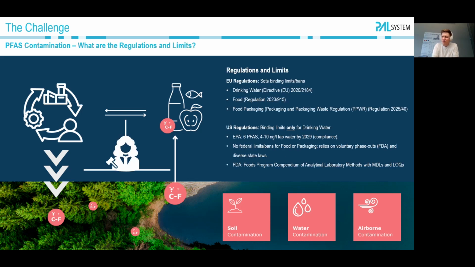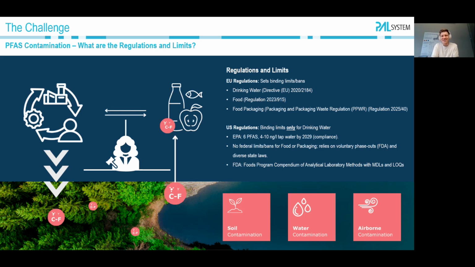How are we handling this growing problem in terms of regulations? Well, if we look at the EU, they are taking a notably broad approach. They are setting binding limits for PFAS sums in drinking water, already have limits for 4 key PFAS in certain foods, and are rolling out a sweeping ban on PFAS in all food packaging that will start in late 2026.